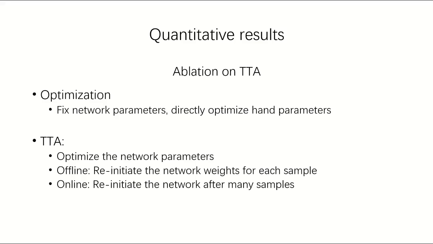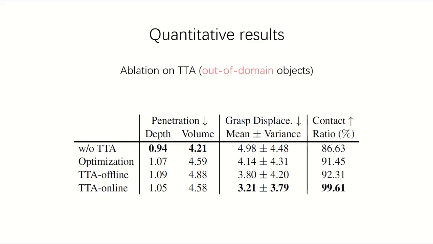The optimization target or loss functions are the same for all of them. As shown in the table, both optimization and learning-based TTA can improve the performance, and the online version of TTA, which can continually learn on new test samples, achieves much better performance. Thus, it is effective to use the network parameters as a prior.